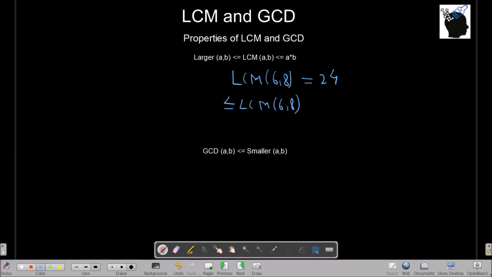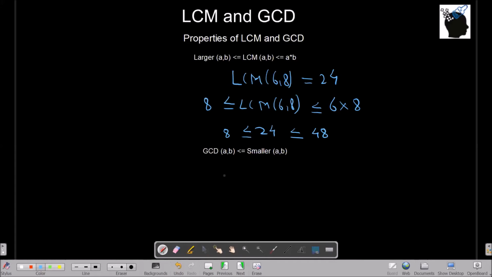That means 8, and will always be less than or equal to product of 6 and 8. So the LCM, which is 24, will always lie between the larger of the two numbers and product of the two numbers.